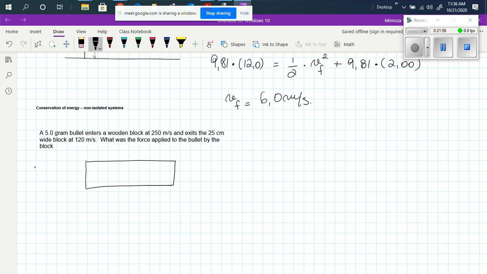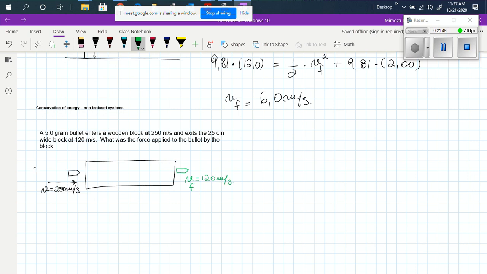And we have a bullet entering with a velocity of 250 meters per second. And it is leaving the block that is 25 centimeters wide with a final velocity of 120 meters per second.